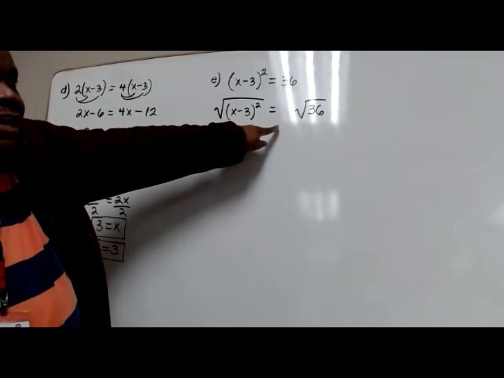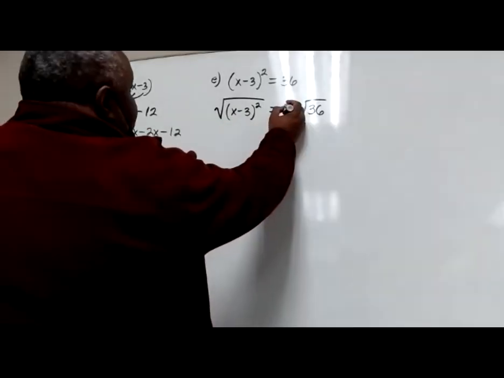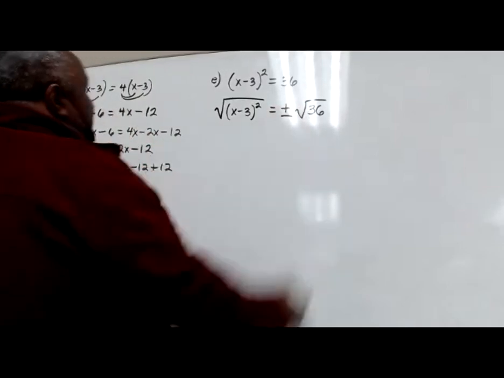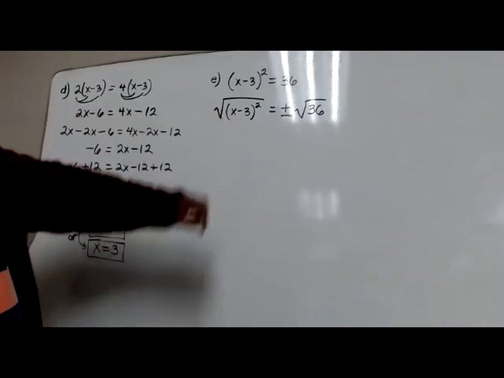Right, plus or minus. Anytime you take the square root on both sides of an equation, you need to include that plus or minus symbol, because the value of x could be either positive or negative.